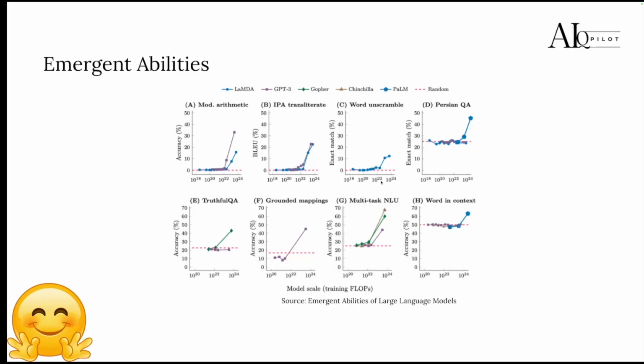There is a lot of research going on in this topic. As I said, in classical machine learning models you wouldn't see such a phenomenon, but in foundation models, and specifically large language models, we may see this capability.